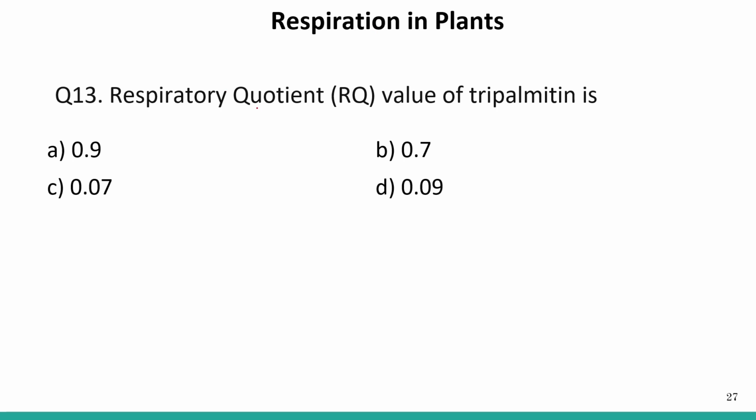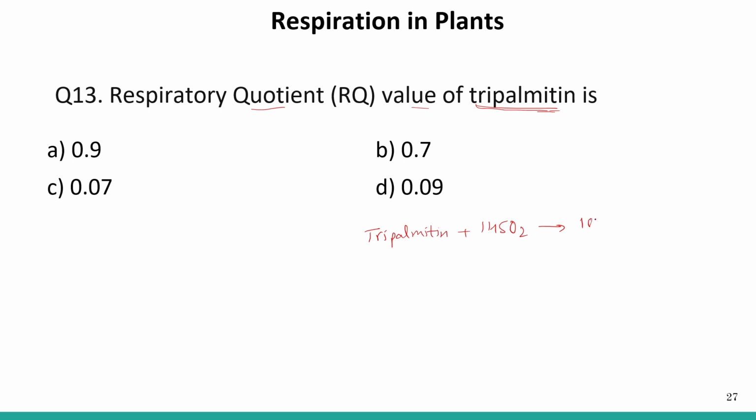The next question is the respiratory quotient value for tripalmitin. Tripalmitin is a lipid. When lipids are used as the respiratory substrate, it uses a huge amount of oxygen to burn.